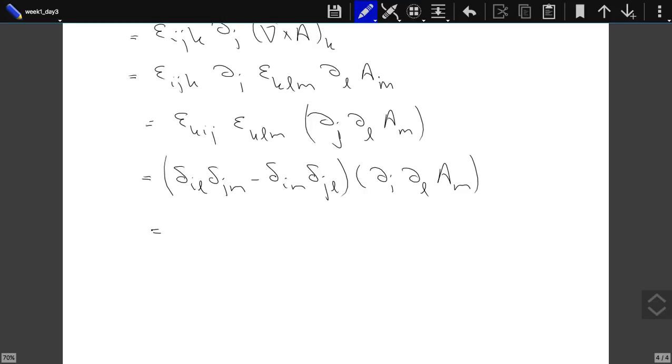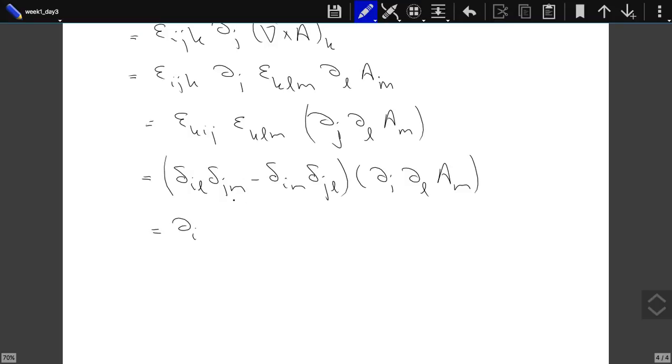Let's multiply them out. Kronecker delta il multiplied with del l over here just gave me del i. Kronecker delta jm multiplying with the derivative with respect to x_j and A_m. Well, you are familiar with the Kronecker delta?